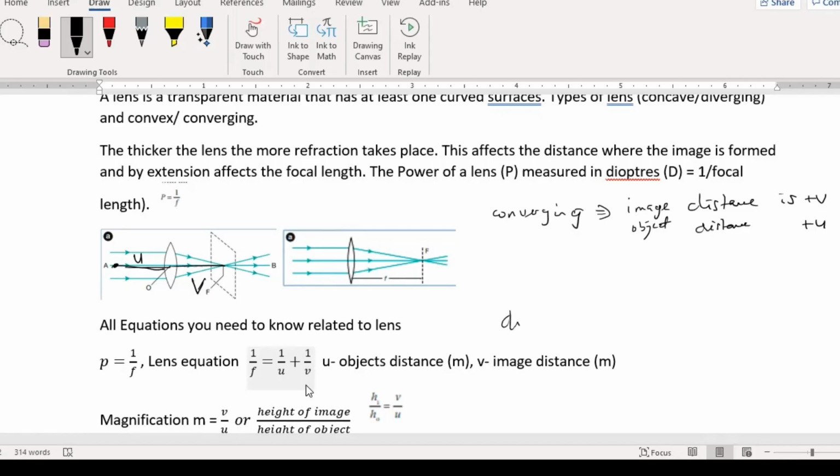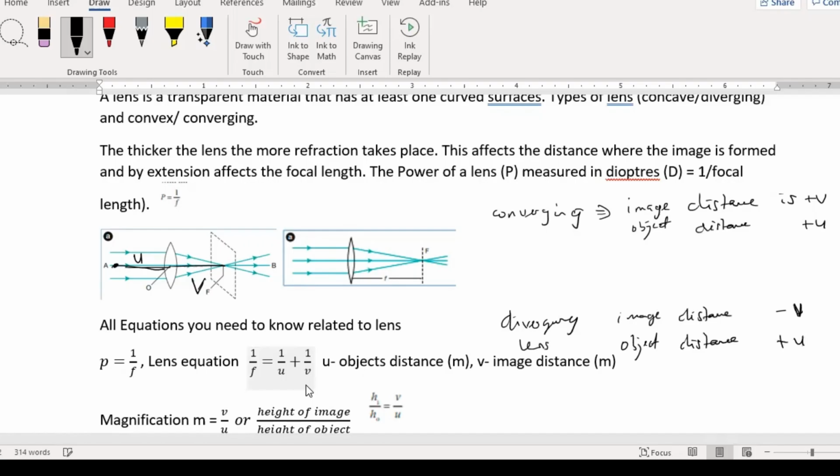When you're dealing with diverging lens, on the other hand, we find that the image distance is going to be negative. The object distance will be positive.